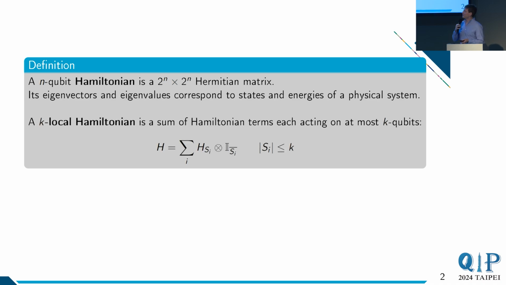Specifically, we'll be looking at k-local Hamiltonians, which have this property that instead of having to write down this giant exponential size matrix, you can instead just specify how this Hamiltonian acts on subsets of k qubits. So each term is relatively small on k qubits, and you sum it together to get the full Hamiltonian.